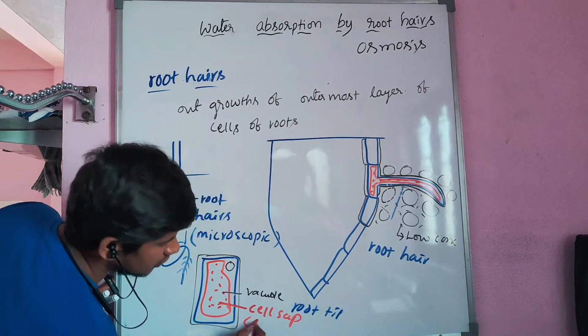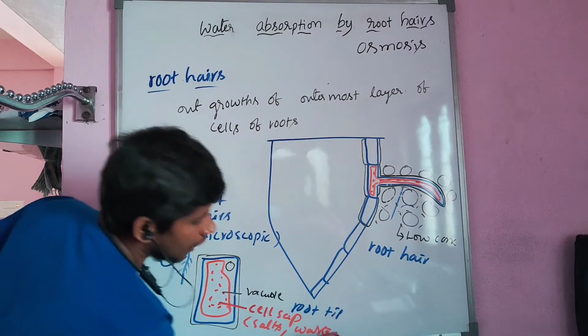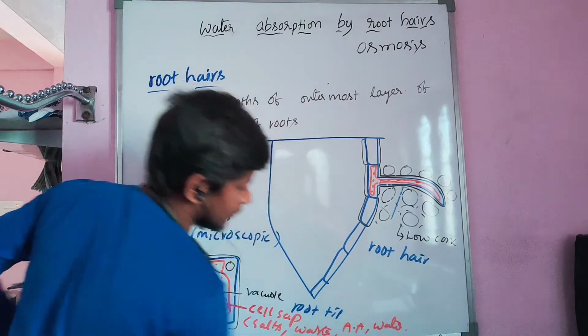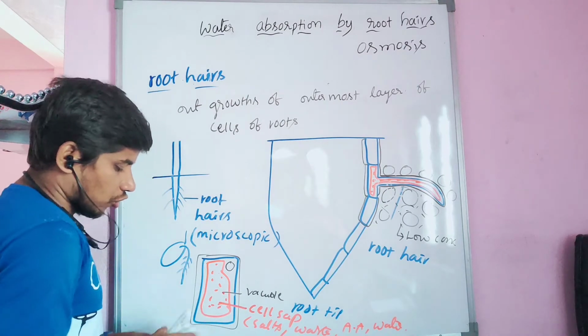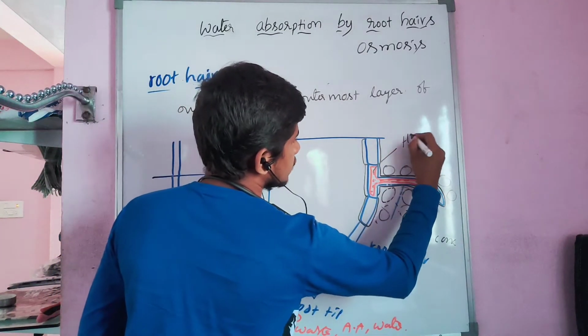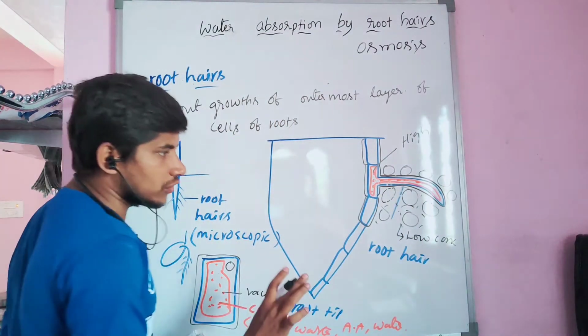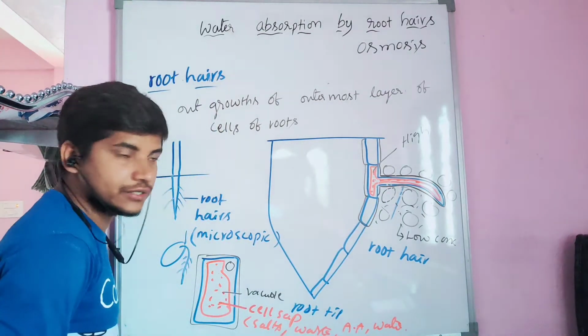It consists of salts, waste of the plant cell, amino acids, water and other substances. These materials present in the cell sap make it concentrated compared with the water in the soil. So this is high concentration. Water in the soil is a low concentrated solution and the cell sap has high concentration.